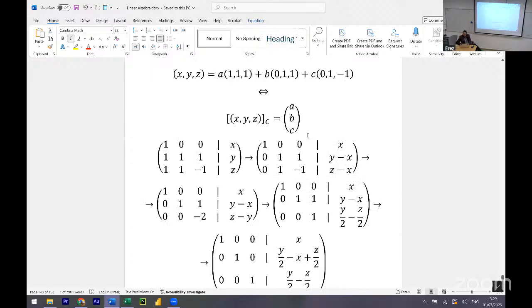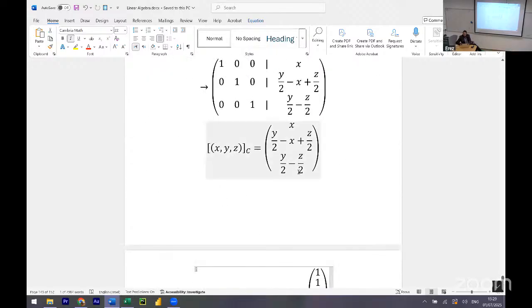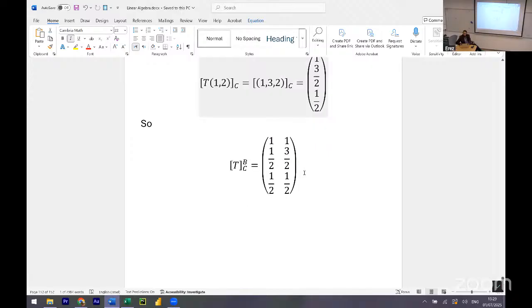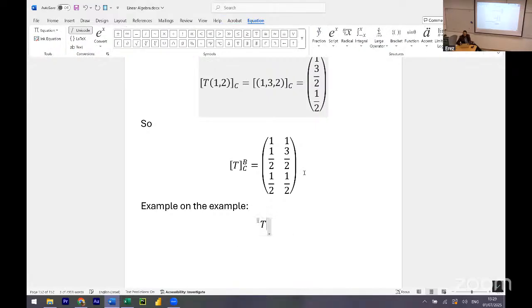So we have this new ability of finding the representative matrix. And let's do an example on the example. Say, what is T of (0, 1)?